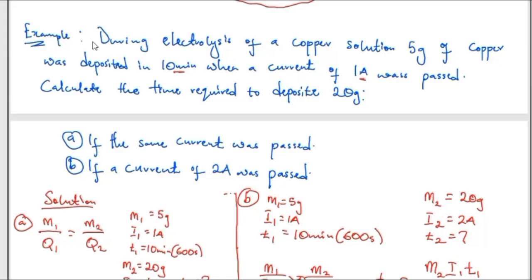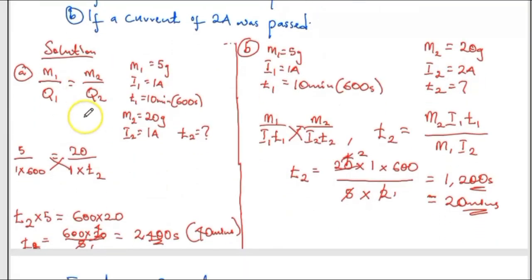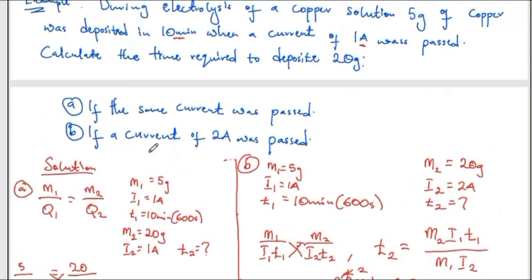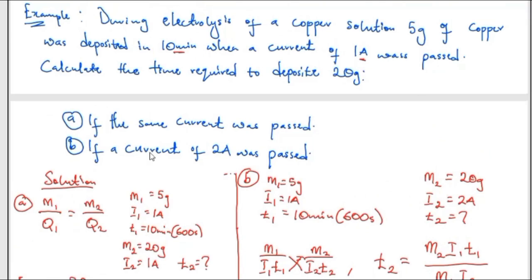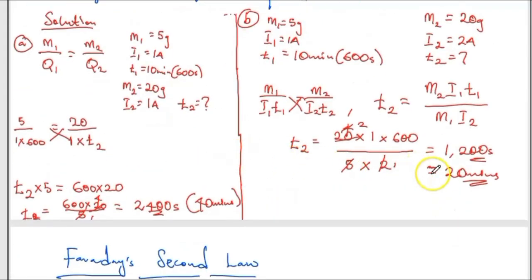When we solved the first question, it took 40 minutes as compared to 10 minutes for 5 grams. Then they increased the current, and it now took 1200 seconds, which is 20 minutes, to deposit the same 20 grams.